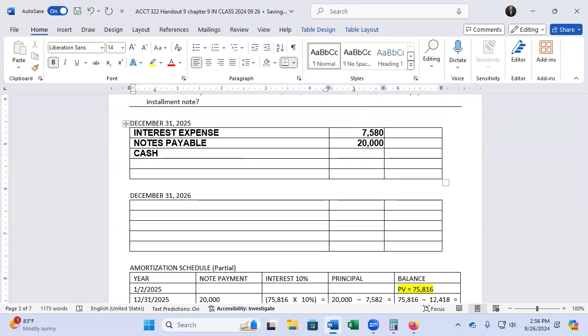We're going to credit cash because that's what we're paying, 20,000. And then we're going to reduce our discount on note payable by the 7,582. Okay, you guys try December 31, 2026, sorry.